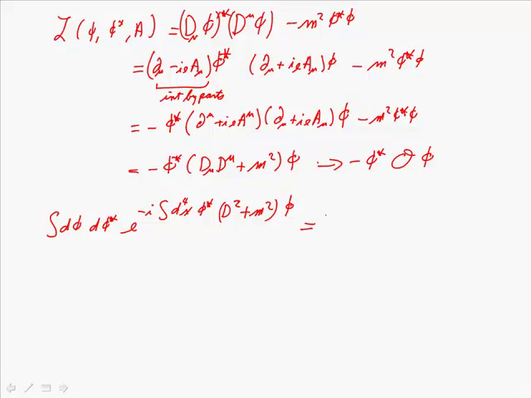So this turns into the determinant of D squared plus m squared to the minus 1 power.